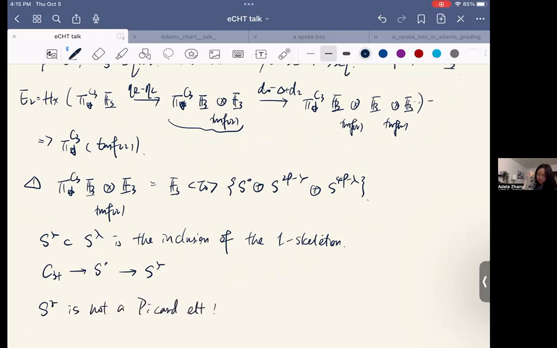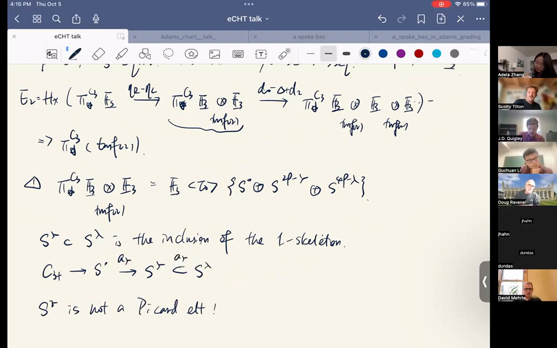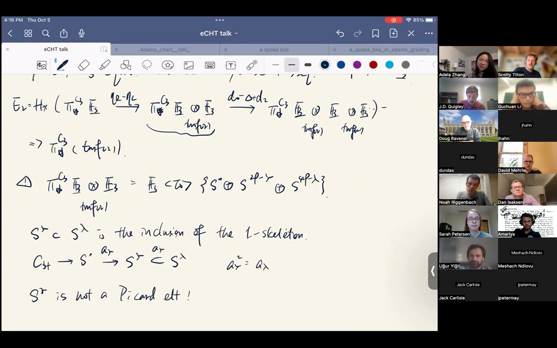So if we want to work with spoke-graded homotopy groups, we really have to be careful. For instance, spoke looks like it's half of lambda sphere, but it's not technically true. If we call this a spoke, and we call the inclusion also a spoke, these are two different maps, but we just keep track of where we are mapping from. Then we can say that a spoke square is a lambda, but it's not literally true.